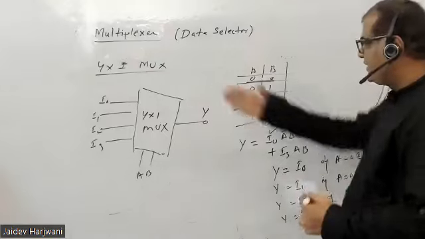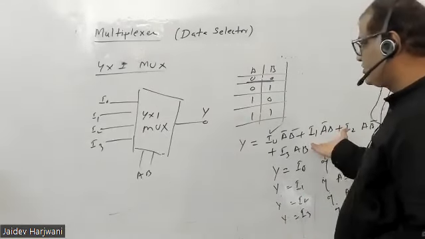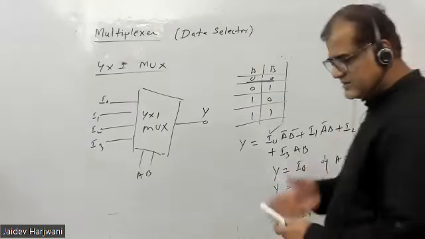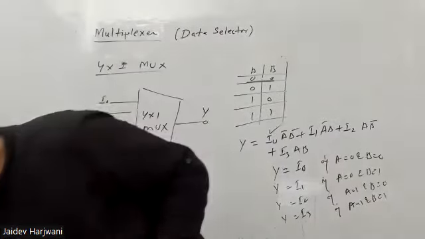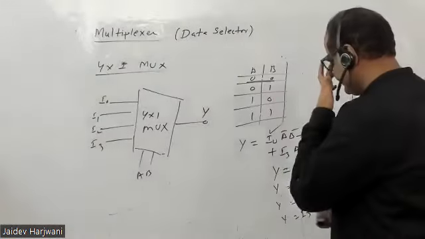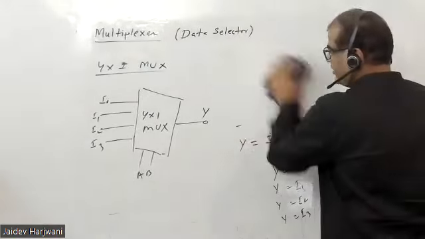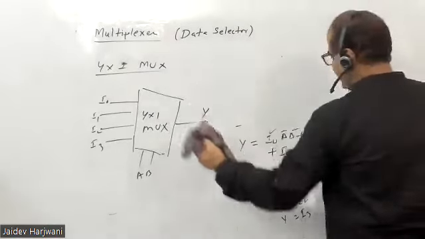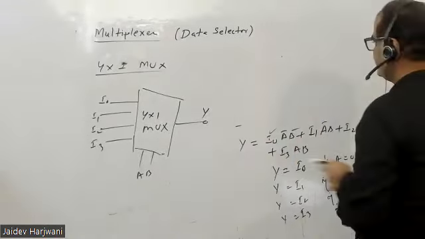Now you can easily make the circuit for this one. You know the equation. Okay, you can easily make the circuit. Tell me, what will be in the circuit? You will have first 4 AND gates and 1 OR gate, depending on this equation.